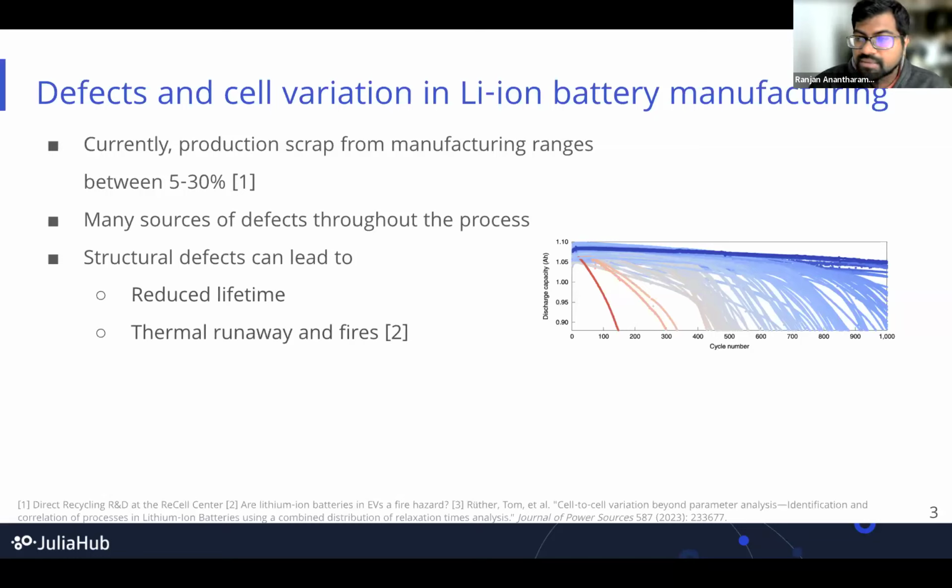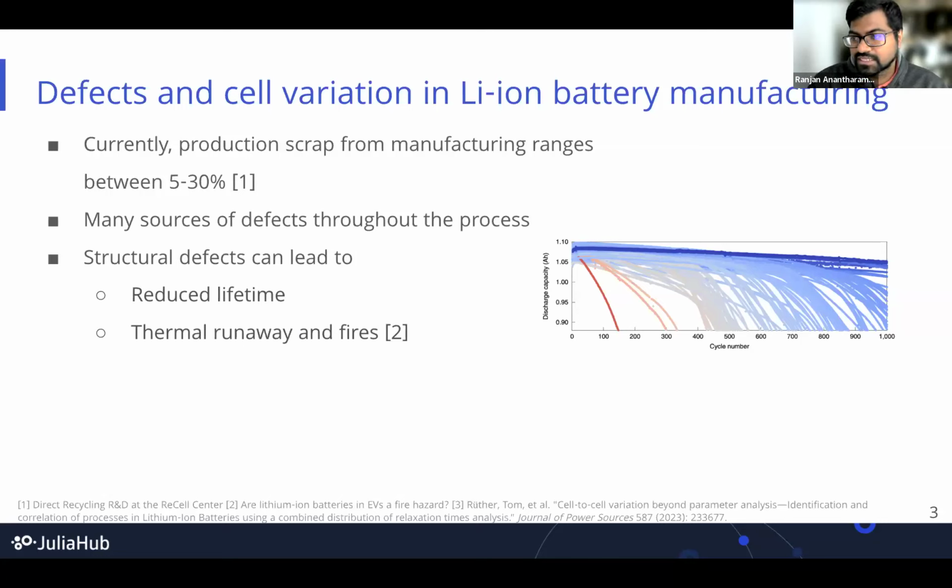In particular, the two big ones that you might have heard in the news as well, in addition to affecting the lifetime of your cell or reduced performance of your cell, are the risk of thermal runaway and fires.